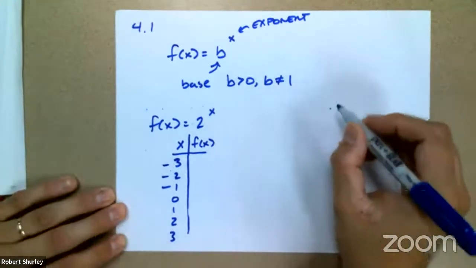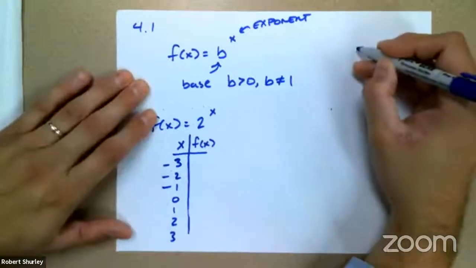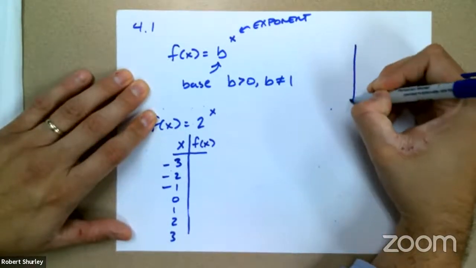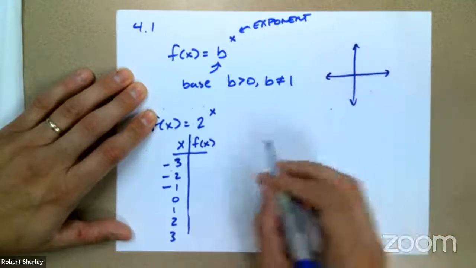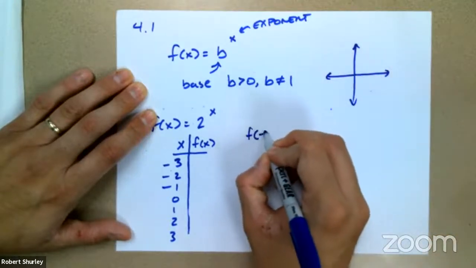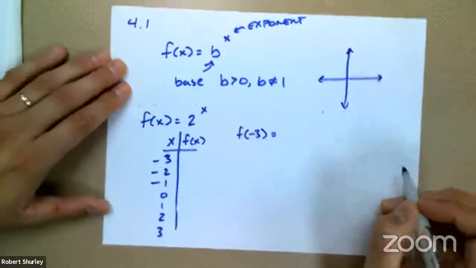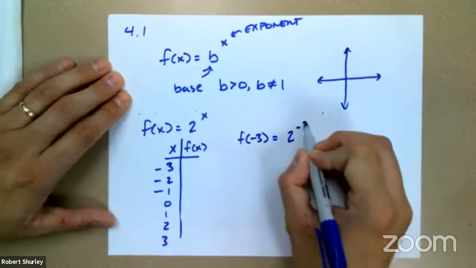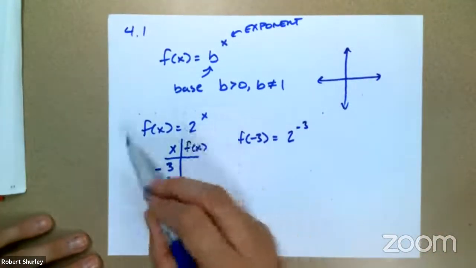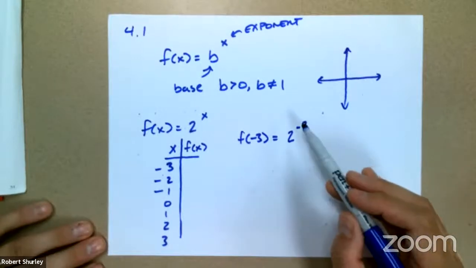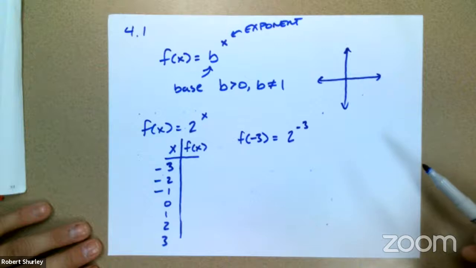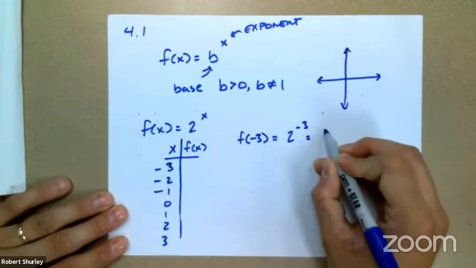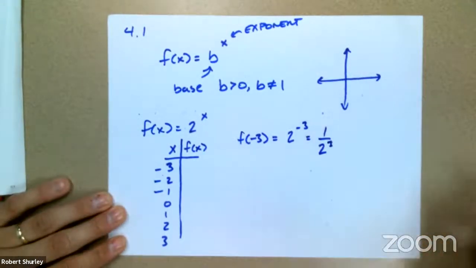Let's graph it up here. I'm going to plug in f of -3. So f of -3 would be 2 to the -3 power, right? We're plugging it into that equation. Remember, if we raise an exponent to a negative, to simplify it, we have to put it into the denominator, 1 over 2 cubed, and it became positive.